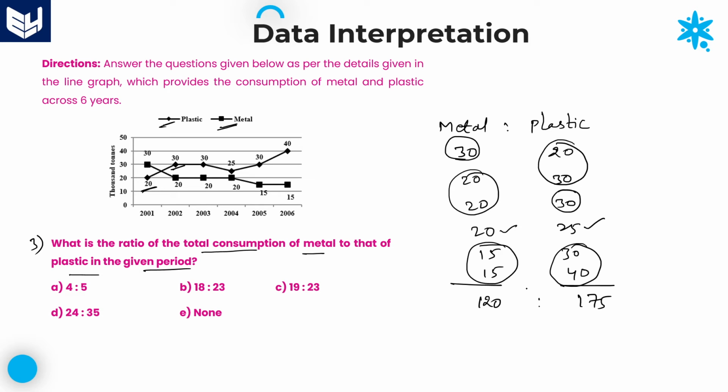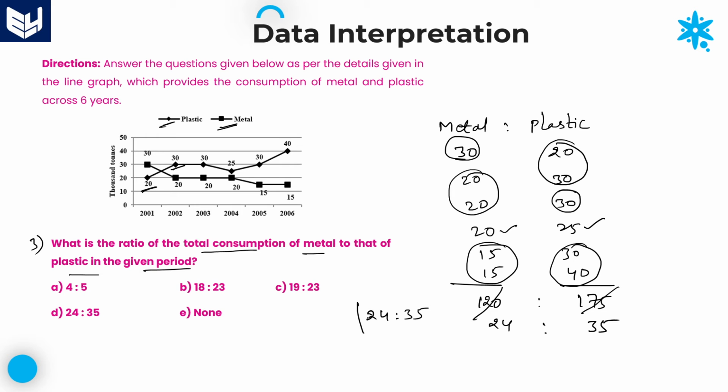Now you need to take the ratio of these two, the total consumption of metal to the consumption of plastic. Here it is 120 is to 175. Here you can cancel directly: 5 twenty-fours is 120, 5 thirty-fives is 175. So 24 is to 35.